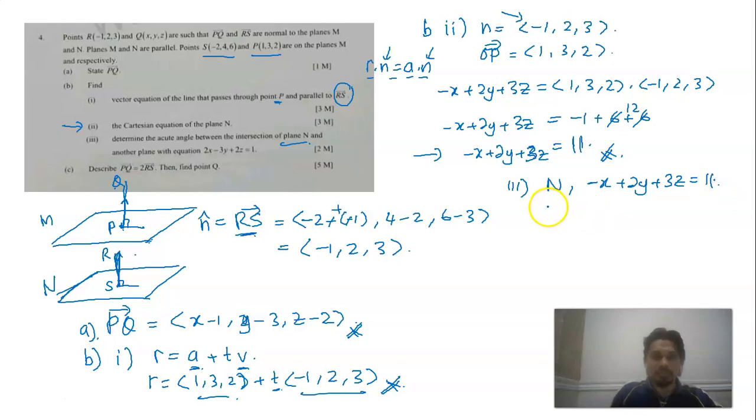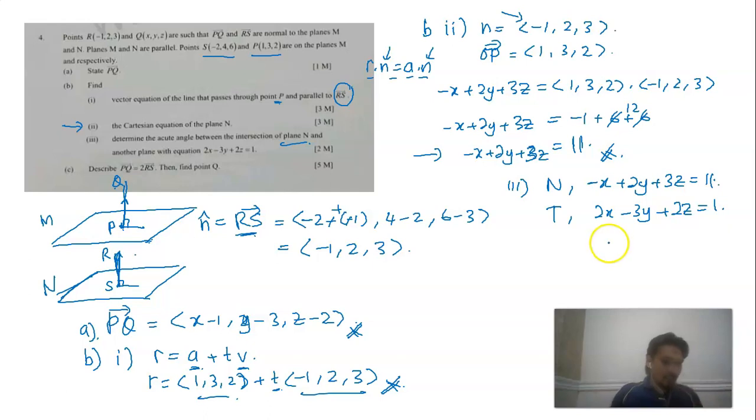And then let's say plane T, 2x minus 3y plus 2z equal to 1. Okay, so we're going to find the acute angle between the planes.